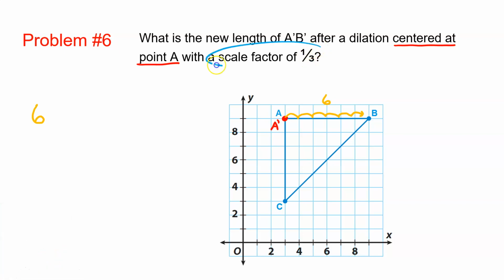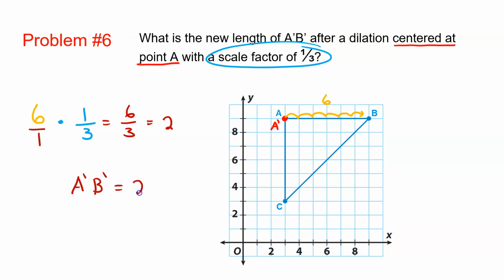When you apply a scale factor of 1/3, you're just really multiplying by 1/3. Let me show my work here. That distance that used to be 6, it's now going to be 6 over 1. Multiply across the top. 6 times 1 is 6. 1 times 3 is 3. 6 divided by 3 is 2. That is going to be your new length. The length from A prime to B prime is going to be a length of 2 units.